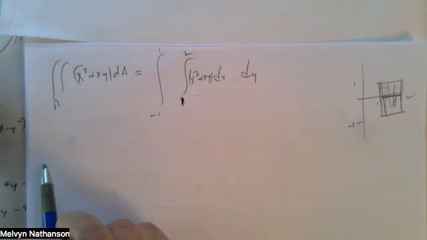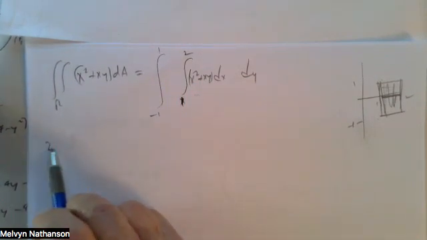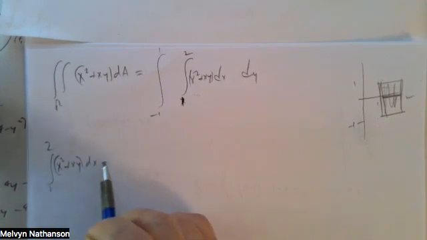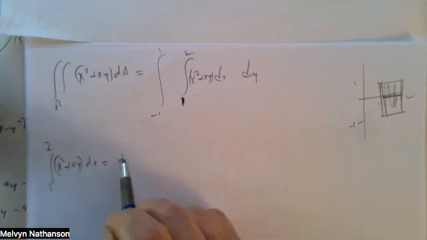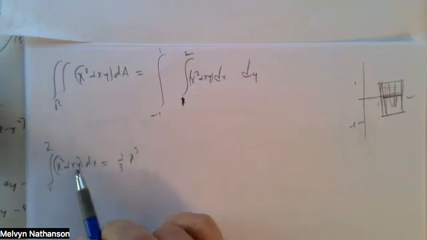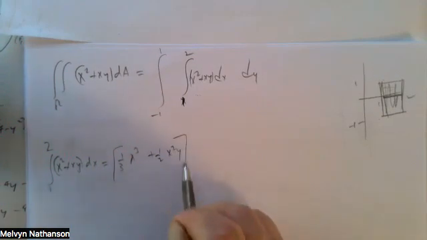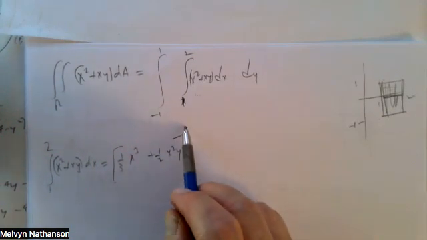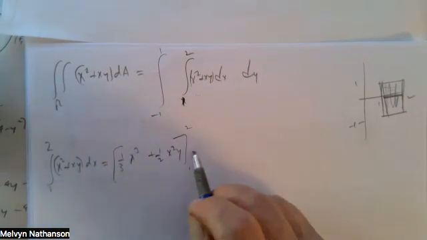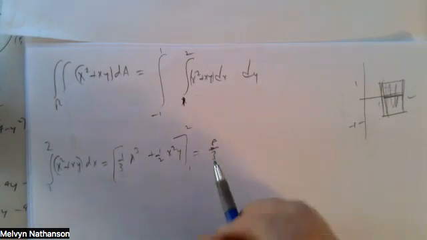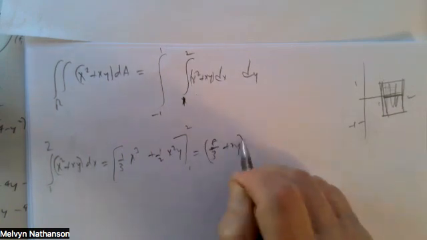So this integral on the inside, the integral from 1 to 2 of x squared plus xy dx, the integral of x squared is a third x cubed, and the integral of xy is a half x squared y. And I'm integrating that from 1 to 2. So when x is 2, this is 8/3 plus 2y.